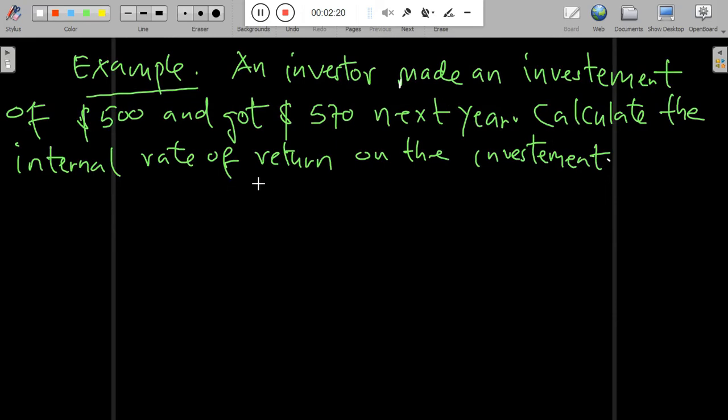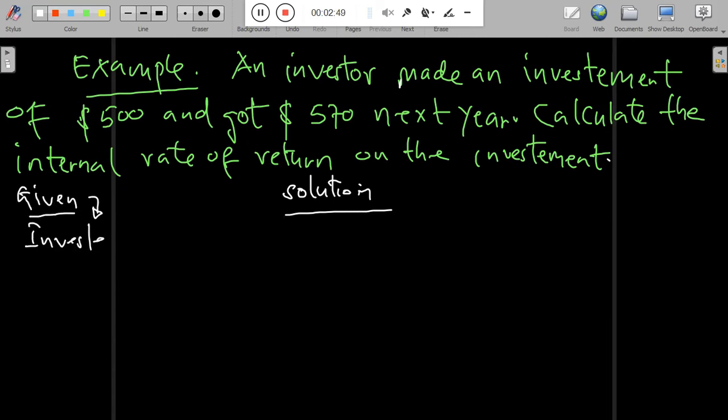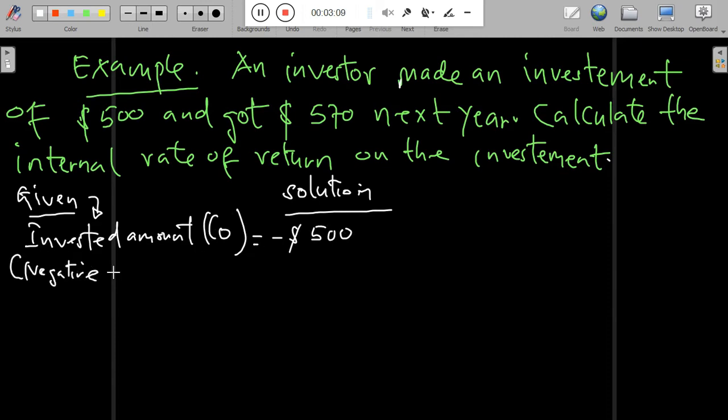An investor made an investment of 500 US dollars and got 570 US dollars next year. We are required to calculate the internal rate of return on the investment. Solution. We are provided with the investment amount, that is CO, which is 500.